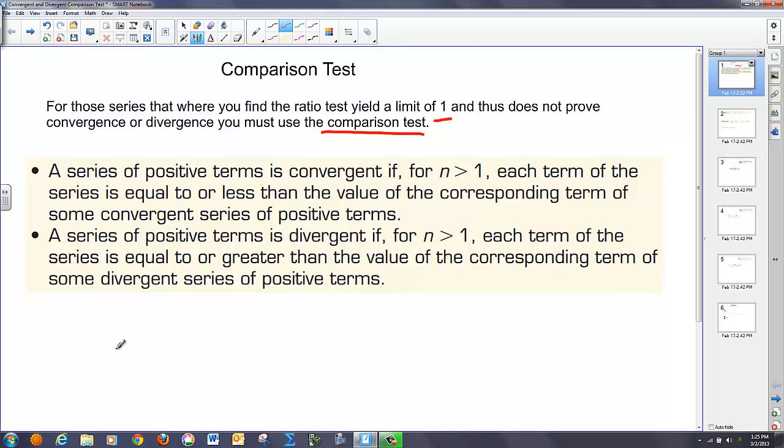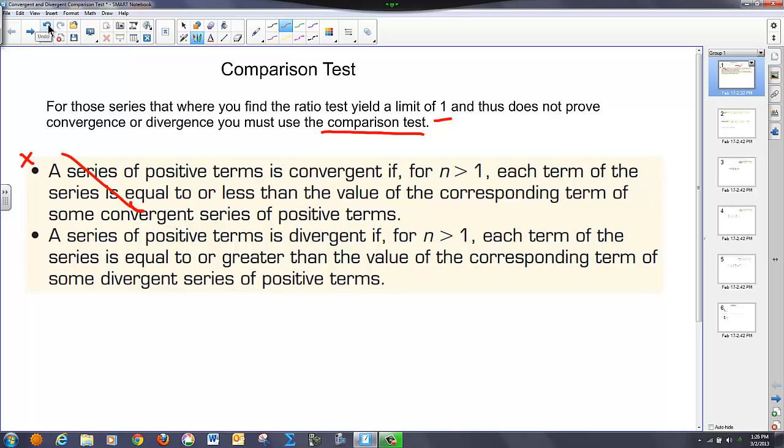So if we can show that each term in a convergent series is actually greater than a term we're comparing it to, we can say that that new series is convergent.